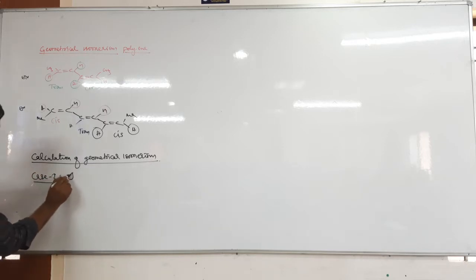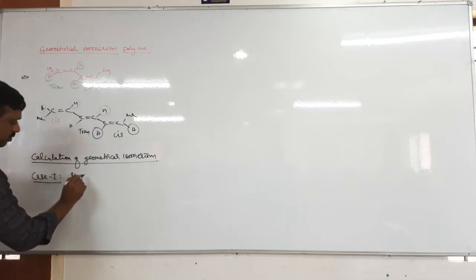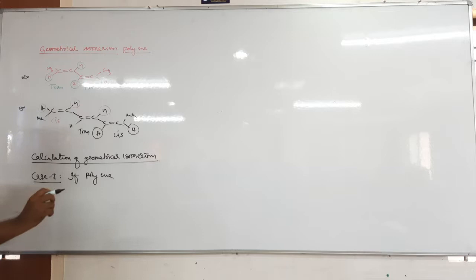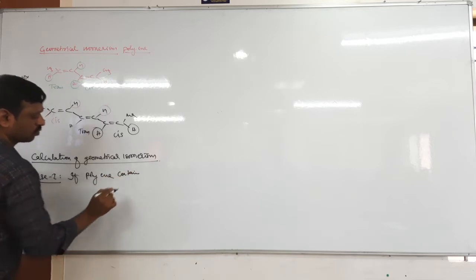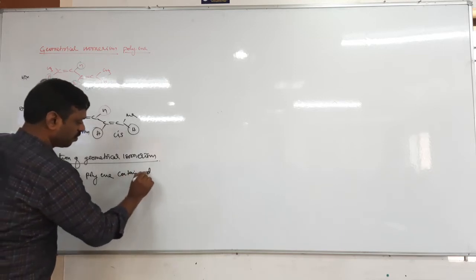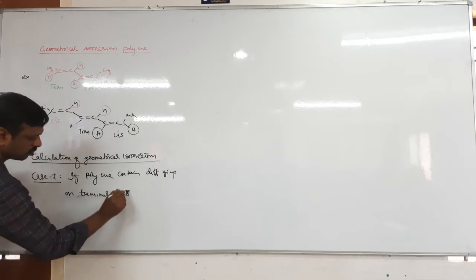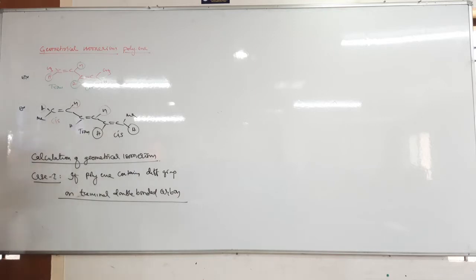Case 1. If the polyene contains different groups on the terminal double bonded carbon, what is the meaning of this?